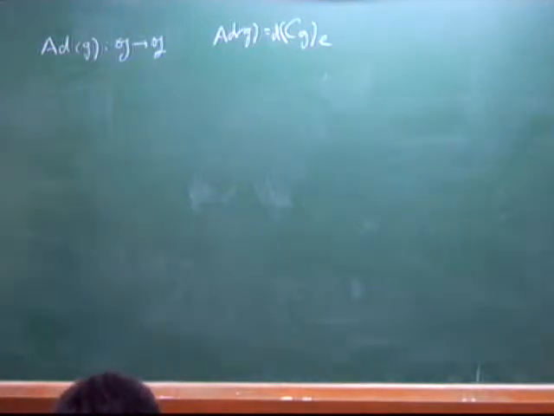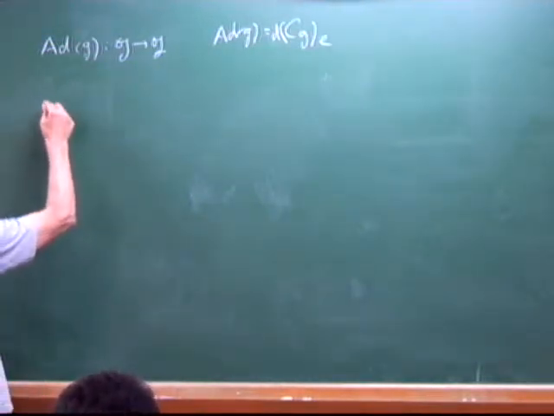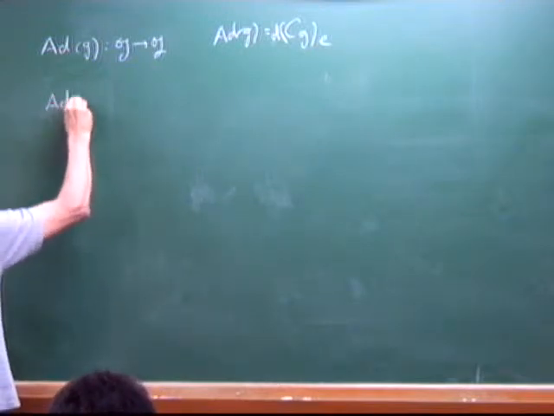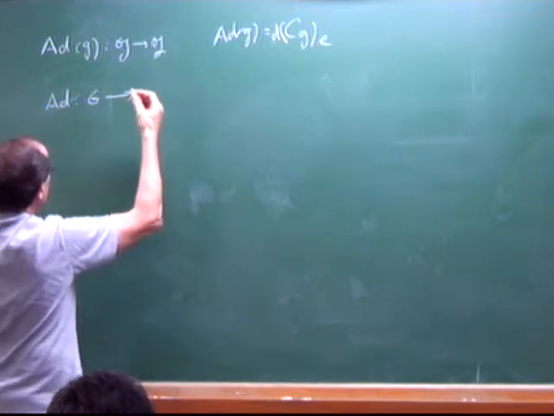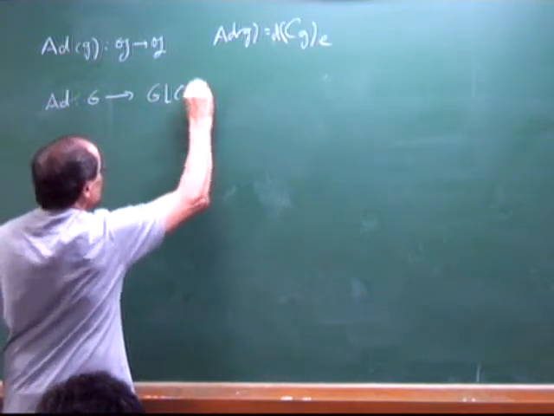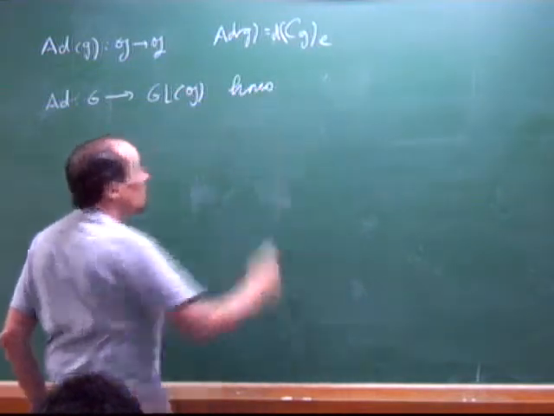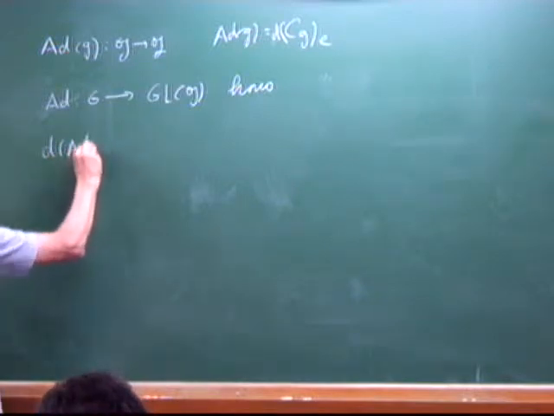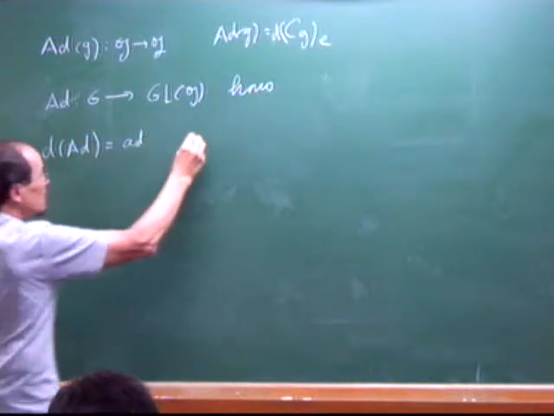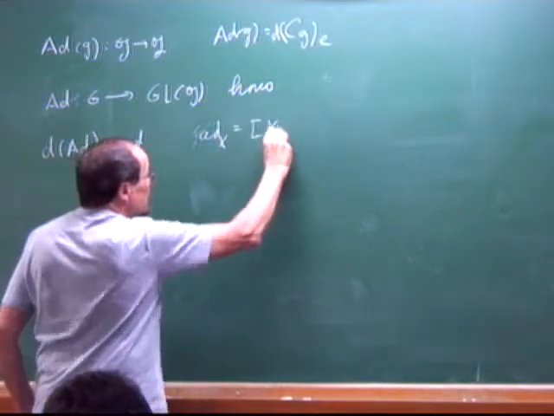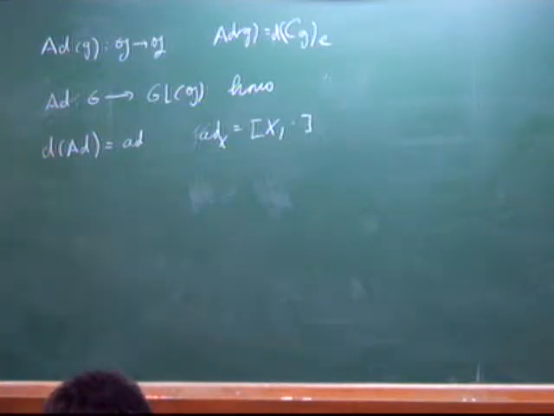So the properties that we saw: the adjoint itself I can regard as a homomorphism from G into, say, the endomorphisms, or into the general linear group of g. So this was a group homomorphism, right? And the derivative of Ad was little ad. And little ad x was the bracket with x, which was a Lie algebra homomorphism.